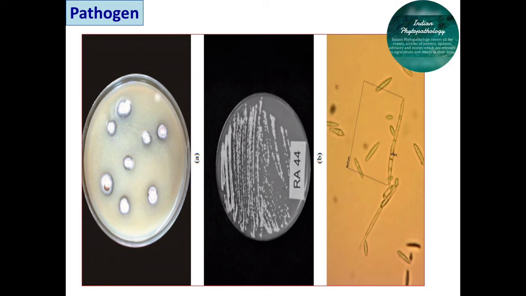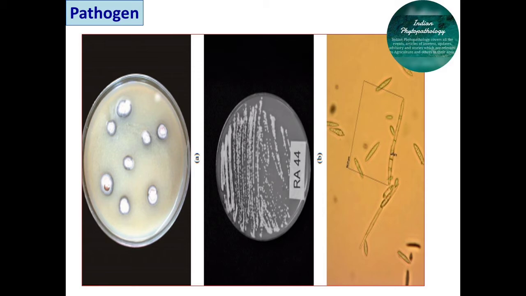Avoid excessive application of nitrogenous fertilizer, as it makes plants susceptible to attack of this disease. Then adopt proper spacing while planting. Then spraying of fungicides like carbendazim or wettable sulfur or Bordeaux mixture at the rate of 1% is effective as an eradicative method.